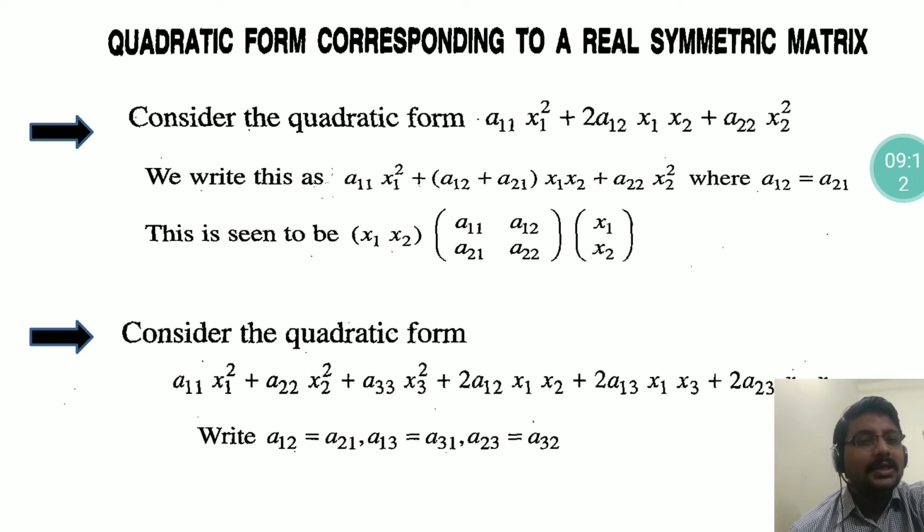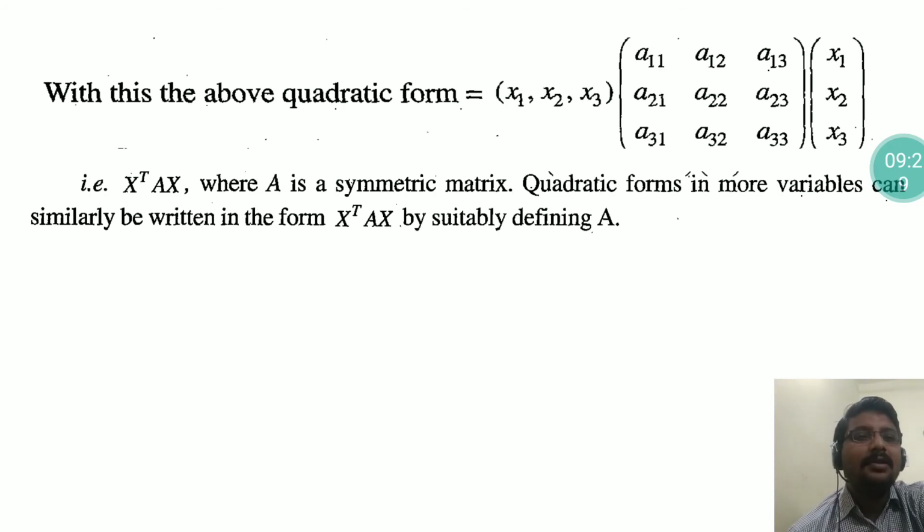But we have to form a symmetric matrix here. For this, the elements of the matrix are defined as A12 is A21, A13 is A31, A23 is A32. So writing this quadratic expression in matrix form, we have the row of x1, x2, x3, the matrix capital A and the matrix of X. That is X transpose AX, where A is clearly a symmetric matrix.